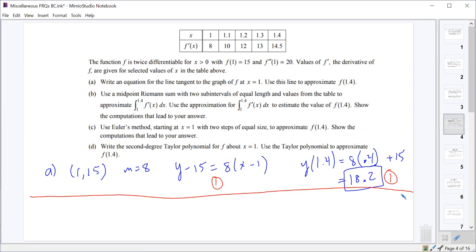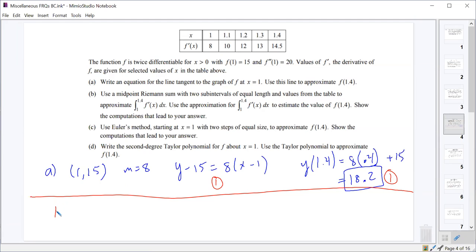All right, part B, using a midpoint Riemann sum, 2 subintervals of equal length. We're going to approximate the integral from 1 to 1.4 of f prime, and then we're going to use that to estimate the value of f of 1.4. So let's first use that Riemann sum. If we're doing a midpoint Riemann sum, we're going to take the midpoint from 1 to 1.2, which is at 1.1, and that's a height of 10.